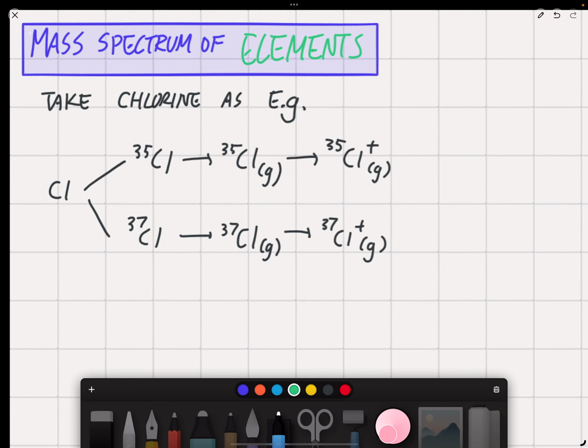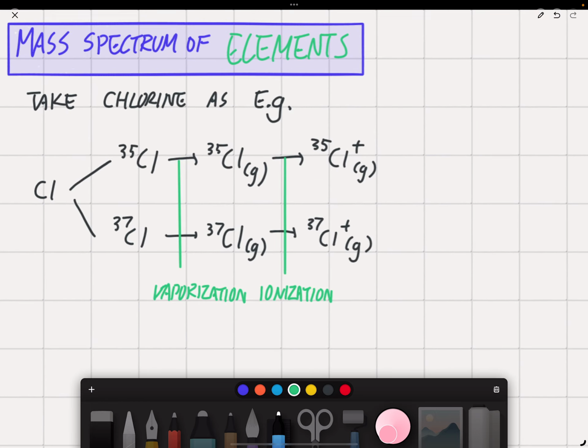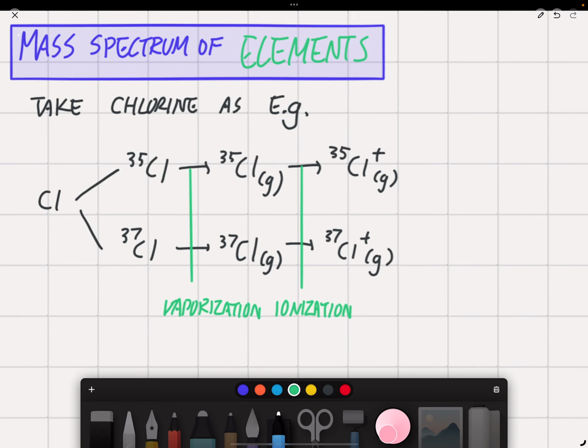So this is what happens in vaporization, where the samples are turned into gas. And this is what happens in the ionization step, where the samples are then ionized to form positively charged ions. Then these ions will be deflected differently by the magnetic field, and by adjusting the strength of the magnetic field, they hit the detector at different times.